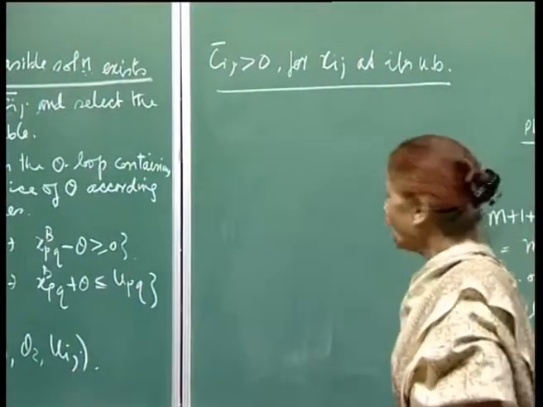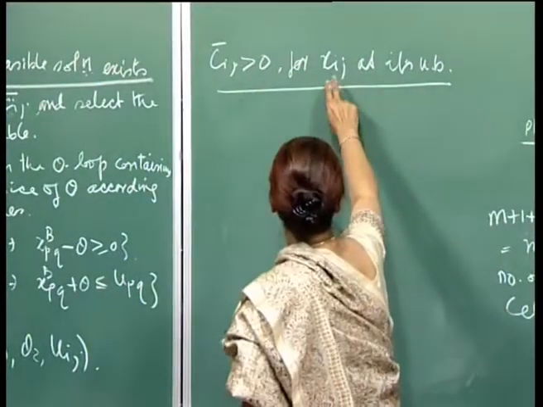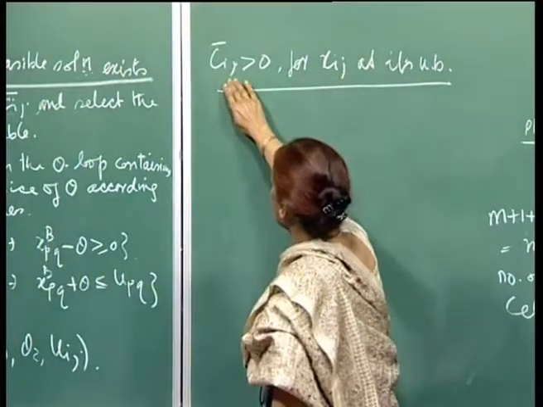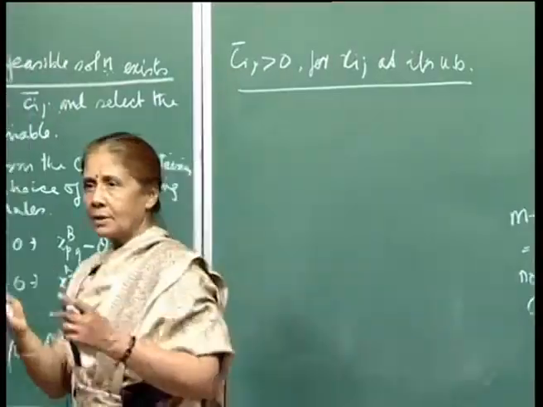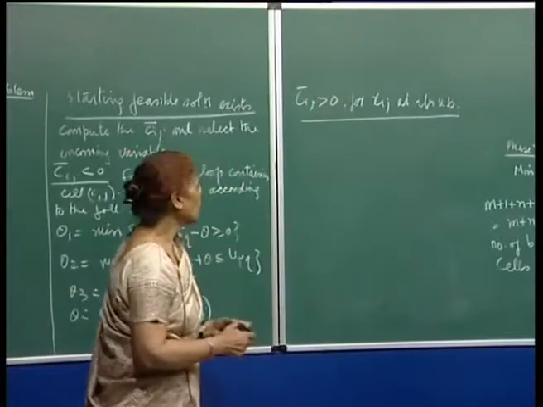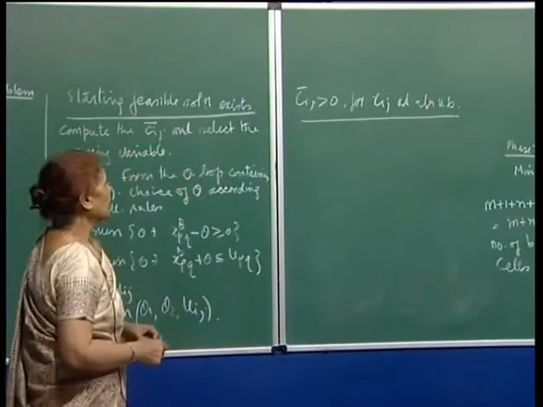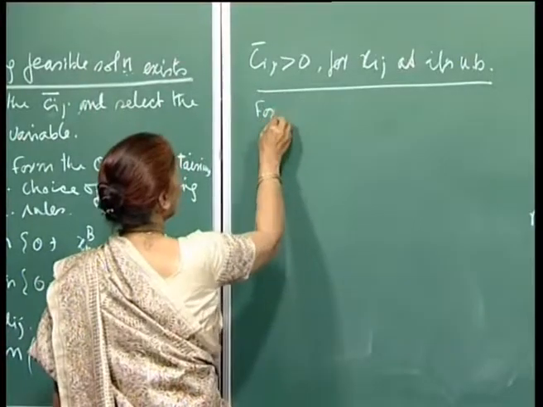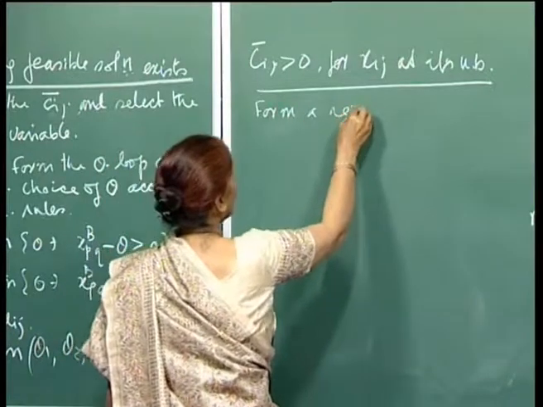So, there is a scope, because when I reduce the value of Xij from its Uij value, since this is positive, there will be a decrease in the objective function value, and so there will be an improvement, right. So, here again, what you will do is you form a reverse theta loop.